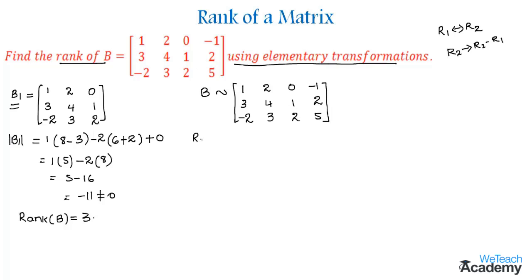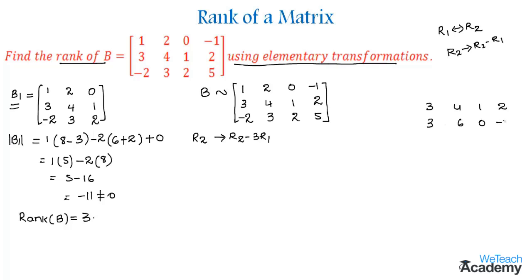So in order to convert the element 3 as 0, we use the transformation R2 implies R2 minus 3R1. So first we need to write the elements of second row, which are 3, 4, 1 and 2. And now let us write the elements of 3R1, that is nothing but multiplying 3 to the elements of row 1. So 3 into 1 is 3, and then here we get 6.